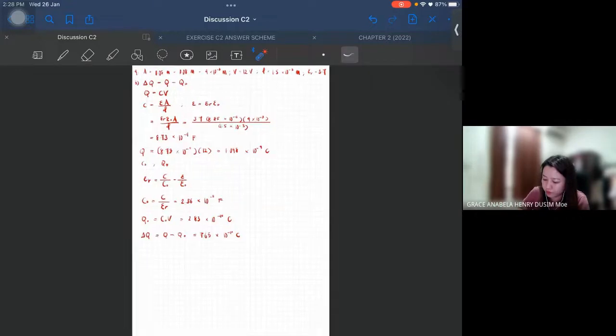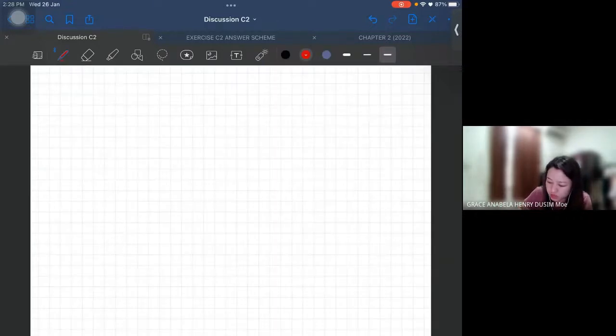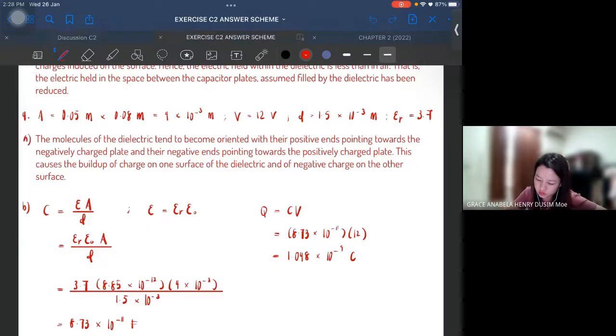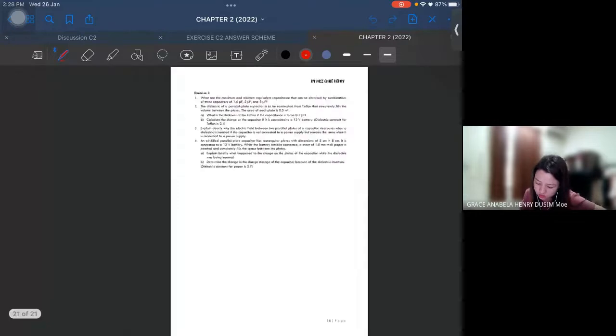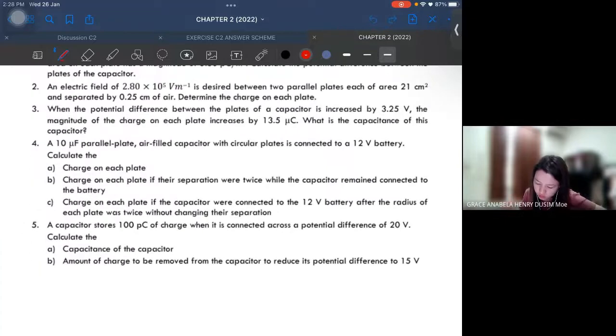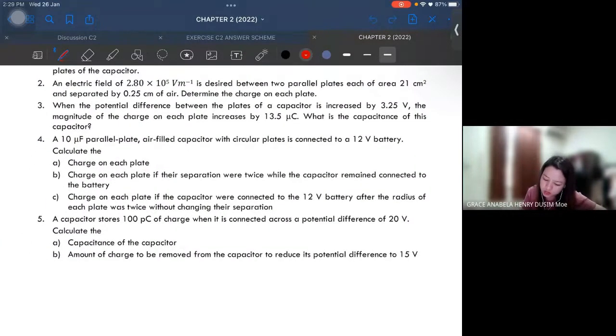Continue. So now, exercise 2, question number 4. We have to calculate the charge on each plate, the charge on each plate if the separation is twice, and the charge on each plate if the radius was twice.